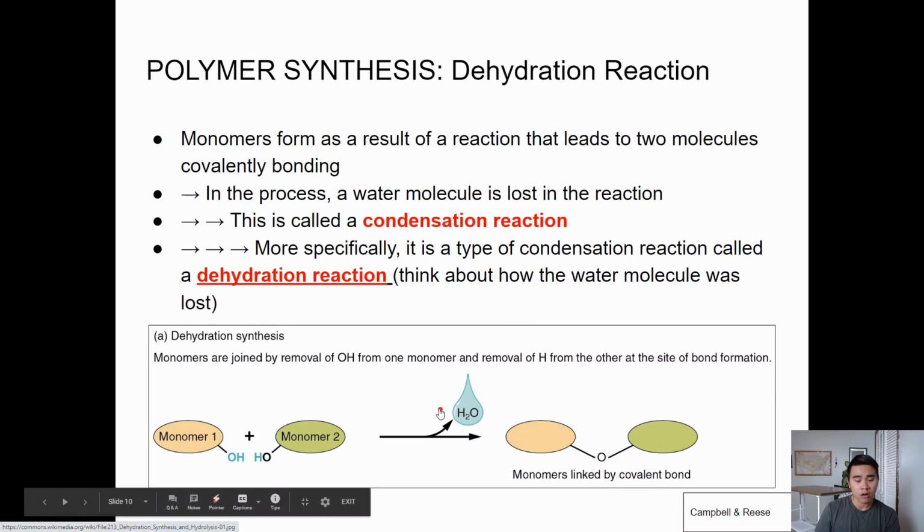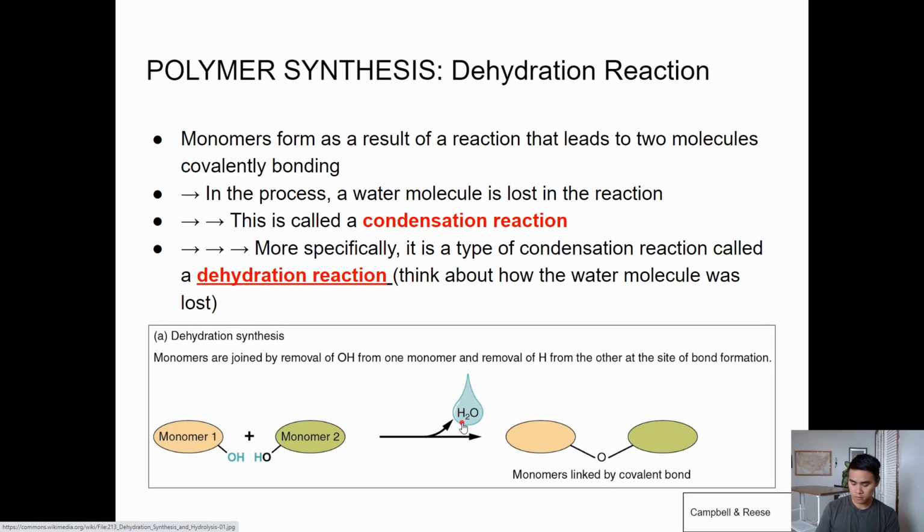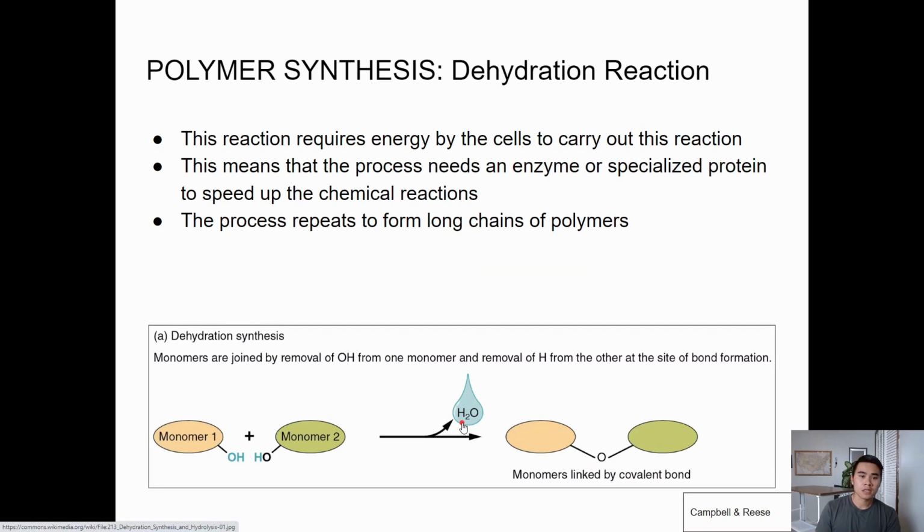And the reason why it's called a dehydration reaction is because of the removal of that hydrogen, or that water molecule. And this reaction requires energy. So it is one that requires energy, and as a result, that means that it needs an enzyme or some type of protein that can enter the situation to speed up the chemical reaction to allow it to occur.